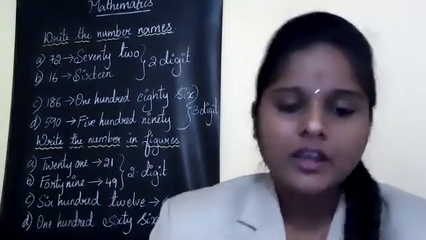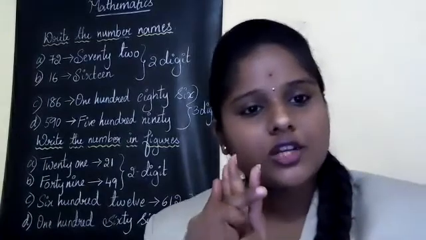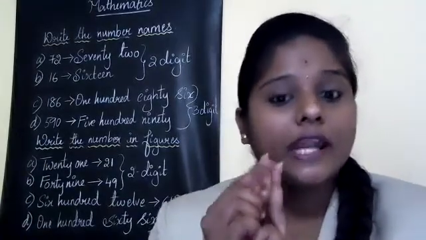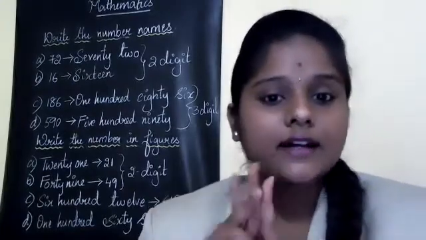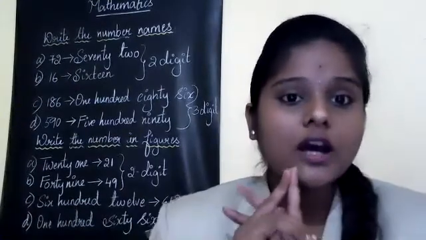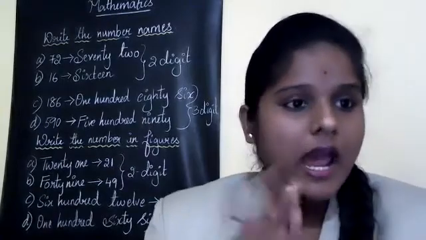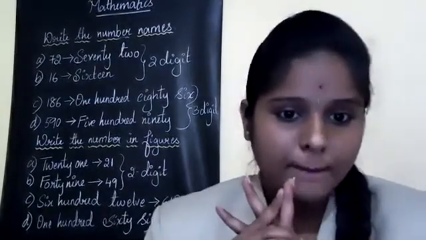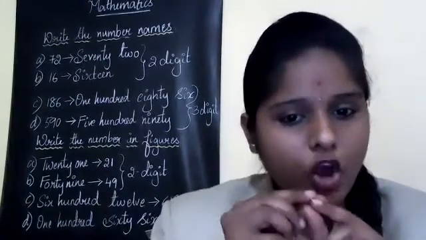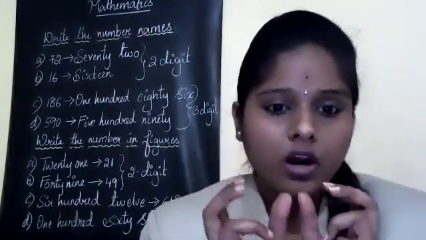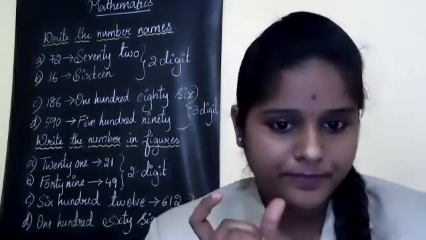Okay. Now, if I have a 3-digit number, the third digit will enter the hundreds place. And for that hundreds place number, we are going to write the name of that number. Along with that, we will add the word hundred.